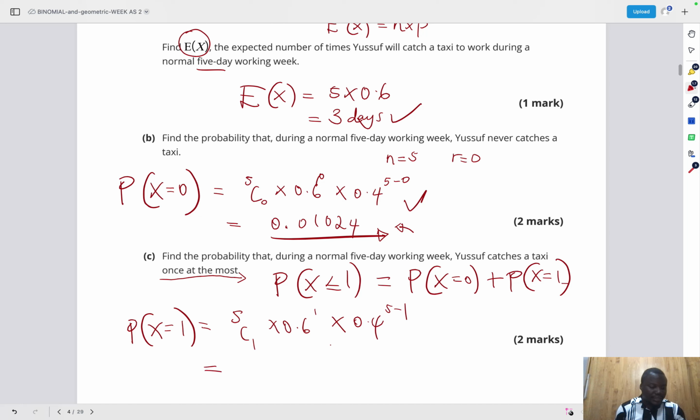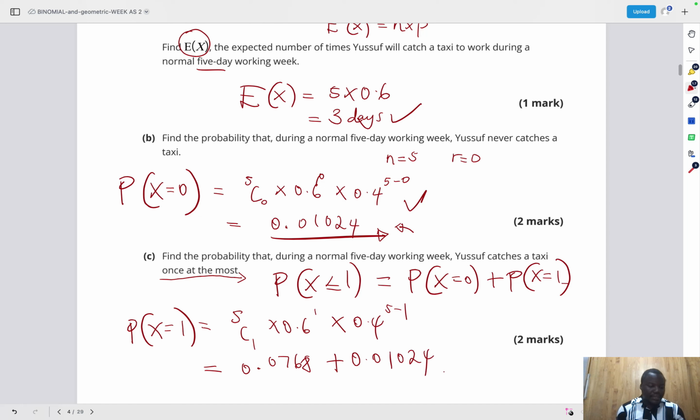And if I work that out, I'm going to do 5, shift, choose 1 times 0.6 times 0.4 to the power of 4, which then gives me 0.0768. Remember, this is for x equals 1, but we need to add x equals 0, which is 0.01024.